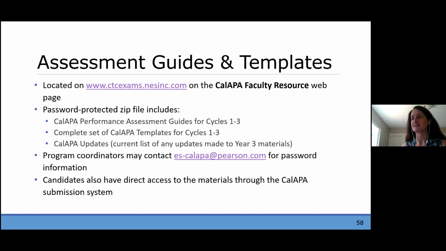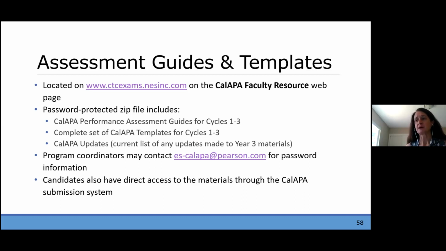fairly short at this point, but it does include information reminding folks that should we have a version update during the year, that would be documented within that document. There is an email address there. That is the program support email address for CalAPA. If any of you have any questions later on after today, feel free to contact us and we will get back to you.